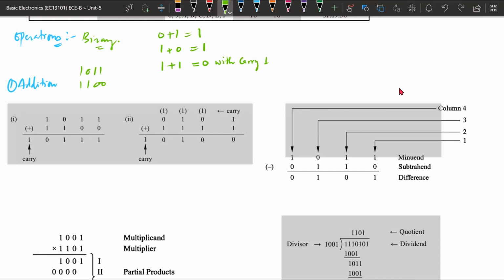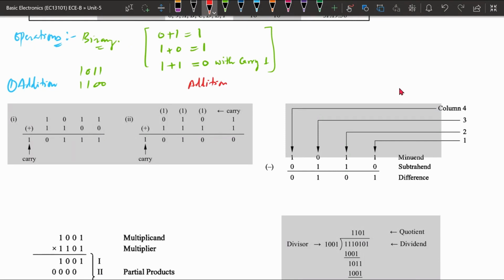Okay, so this is how addition is done: 0 plus 1 is 1, 1 plus 0 is 1, and 1 plus 1 is 0 with carry 1.